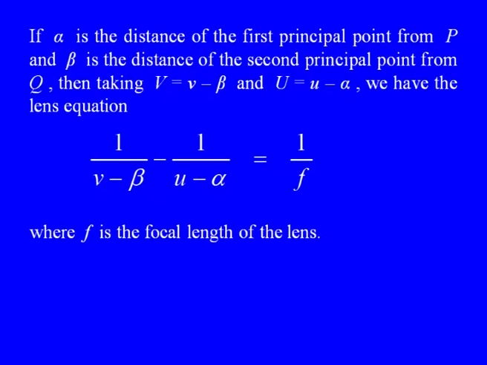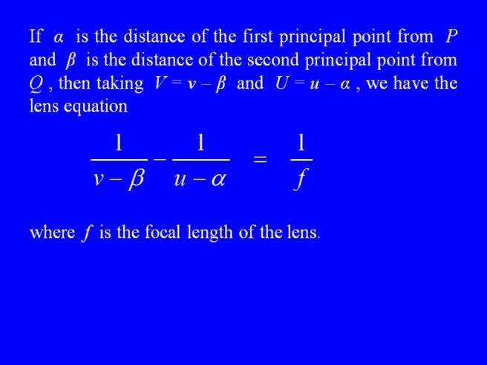Now, v prime is to be eliminated between these two equations to obtain an equation in u, v, R1, R2, and t. Now, if alpha is the distance of the first principal point from P and beta is the distance of the second principal point from Q, then taking capital V equal to v minus beta, capital U equal to u minus alpha, we have the lens equation as before, 1 upon V minus beta minus 1 upon U minus alpha equal to 1 upon f.